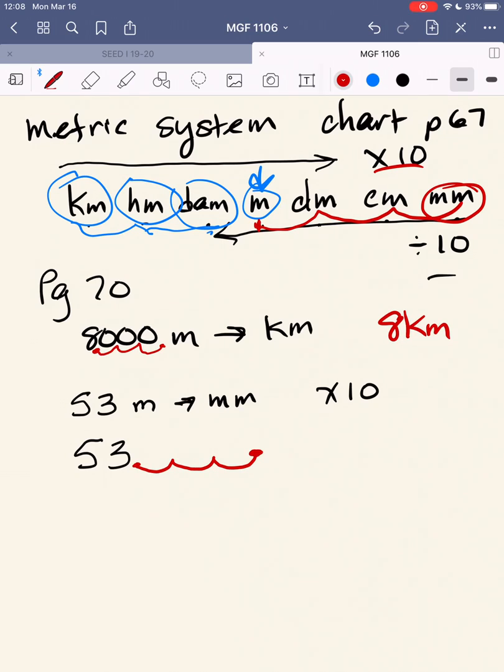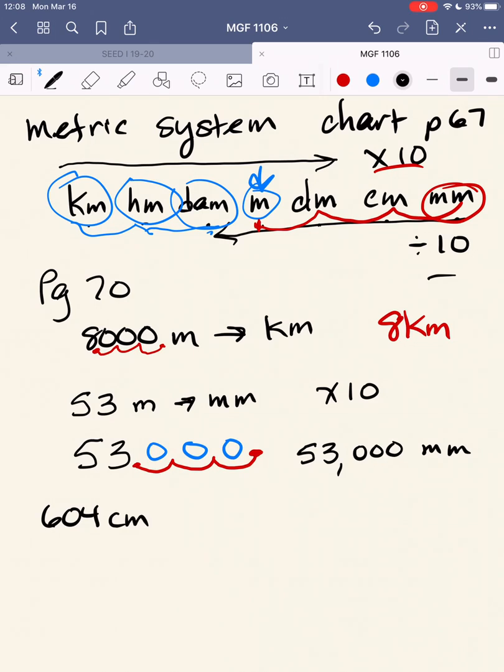And in those blank spaces, I'm going to put zeros. So 53 meters to millimeters is 53,000 millimeters.